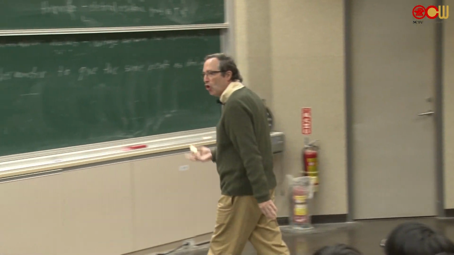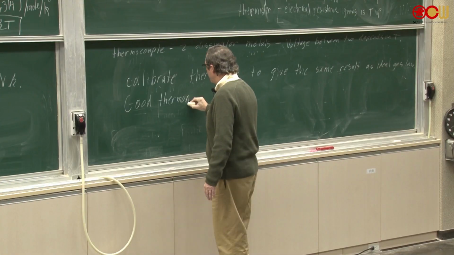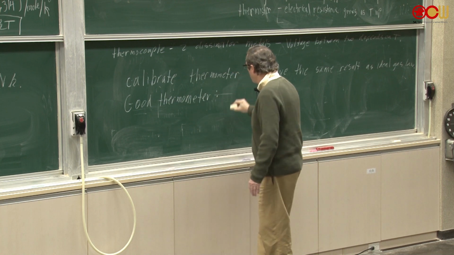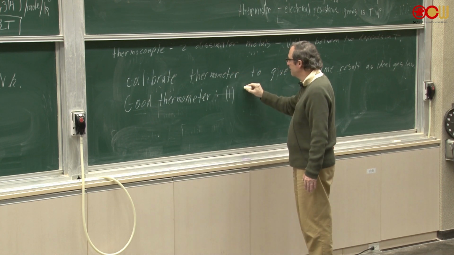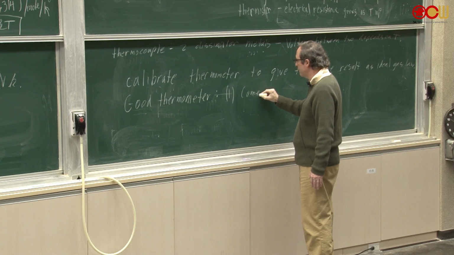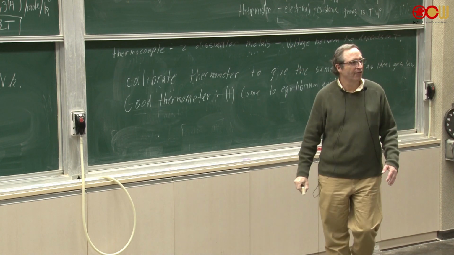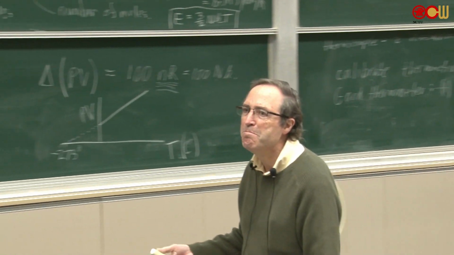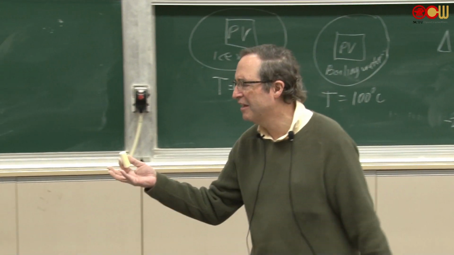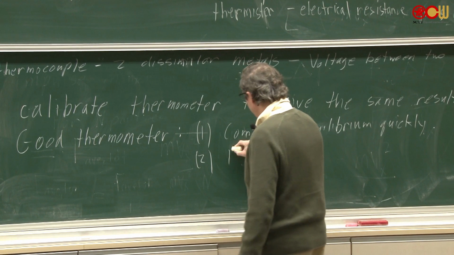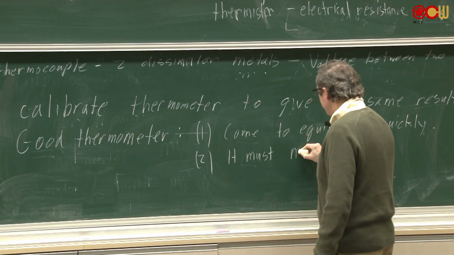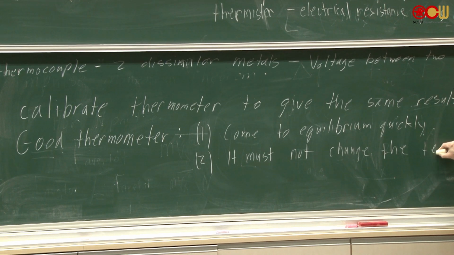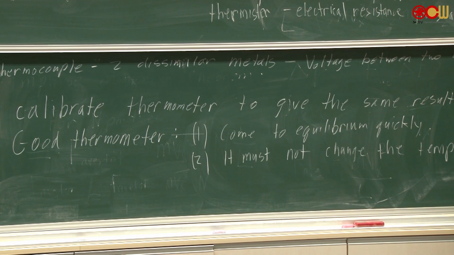So what are some properties of a good thermometer? One, it has to come to equilibrium quickly. You don't want to have to sit there forever. With these mercury thermometers, you usually had to sit there for about a minute or two. Now it takes seconds. Two, it must not change the temperature of the substance it's measuring.